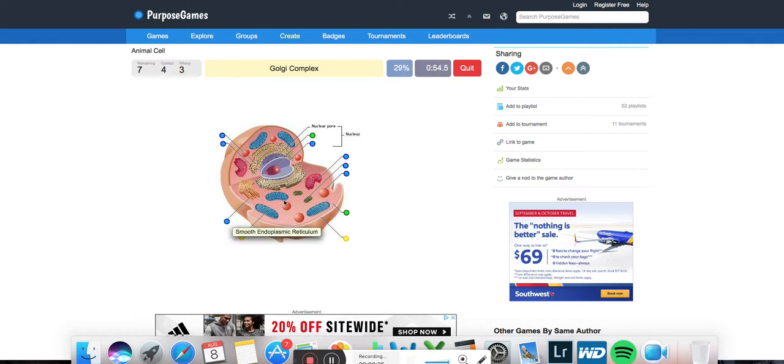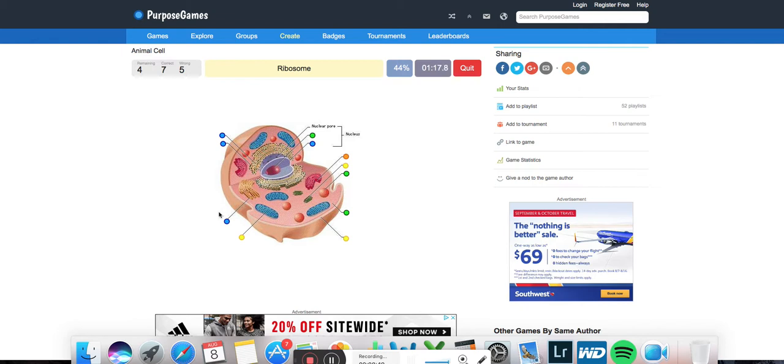The Golgi complex. Here? Here? That's right. The lysosome. That's correct. The centriole. Where? Here? Good job.